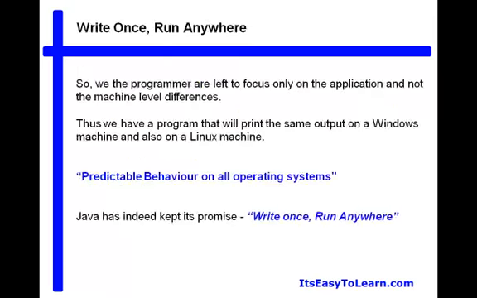So we the programmers are left to focus only on the application and not on the machine level differences. Thus, when you have a program, it will print the same output on Windows, it will also print the same output on any other operating system. So we have predictable behavior on all operating systems. And this is how Java has kept its promise of write once, run anywhere.